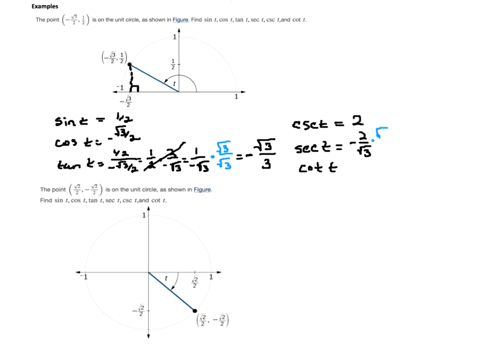Can't leave that square root in the denominator. So square root of 3 over square root of 3. And I have negative 2 square root 3 over 3. And the cotangent is the reciprocal of tangent. So negative 3 over square root 3. Once again, I need to rationalize. Square root 3 over square root 3.